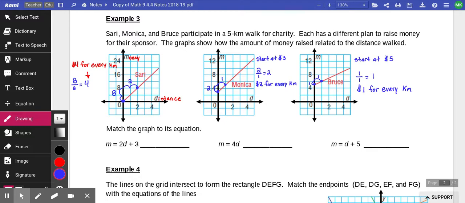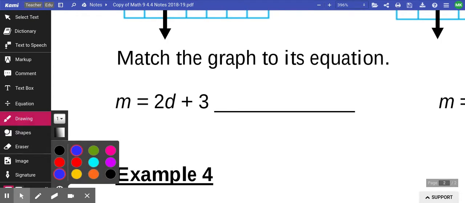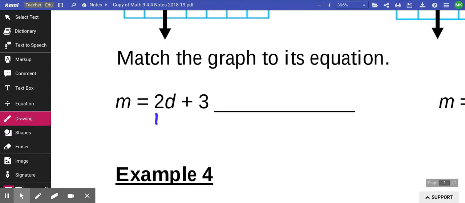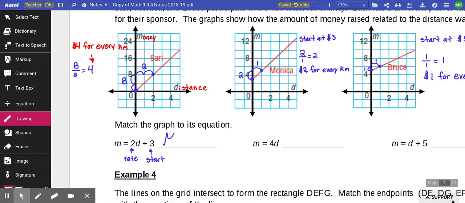So the first graph is m equals 2d plus 3. That means you're looking for somebody whose charity is going at a rate of $2 per kilometer and starts at $3. The person that has that is Monica in the middle.